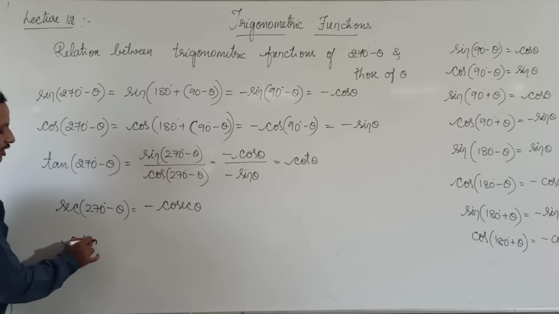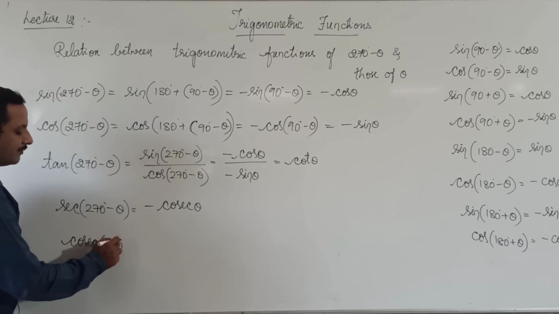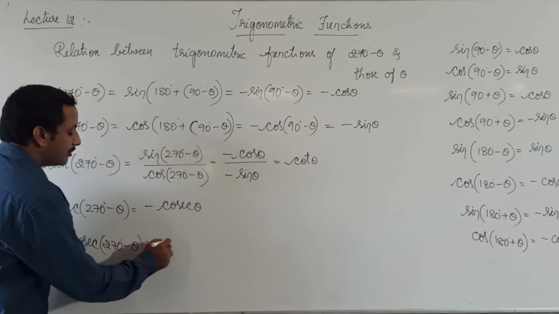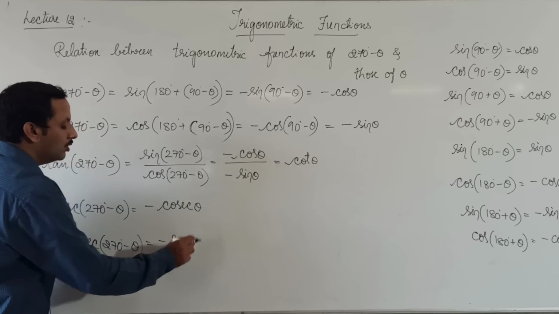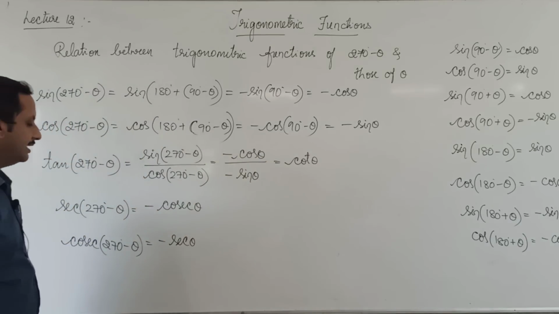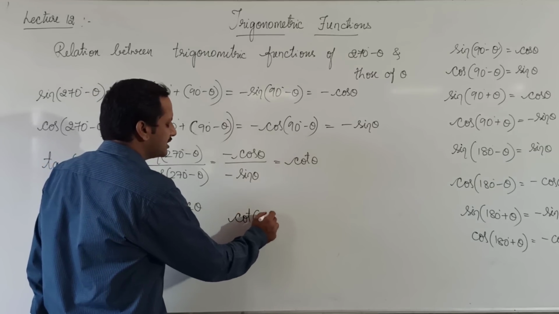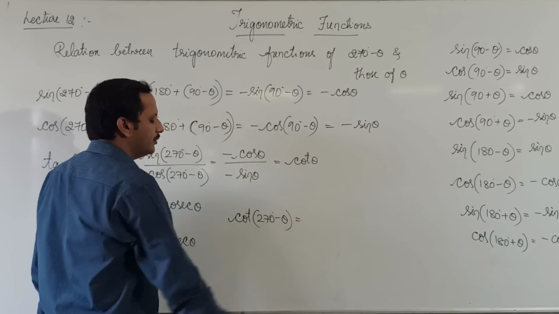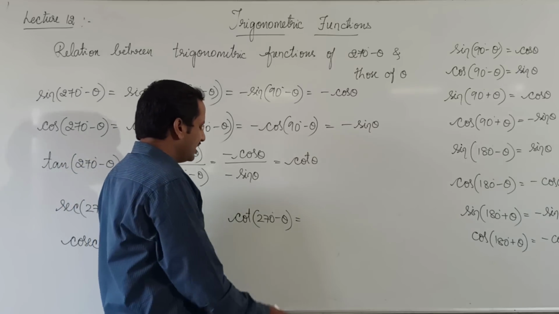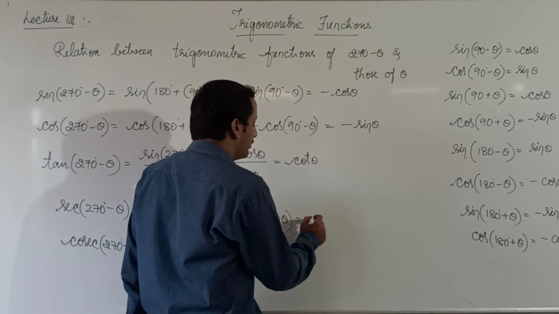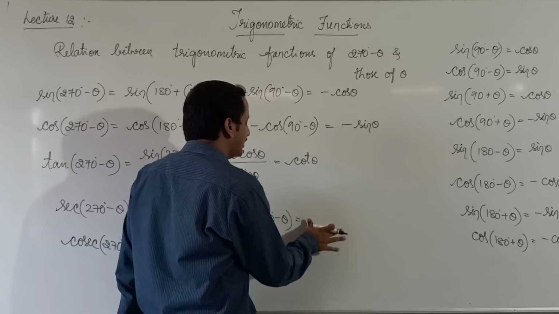Then cosecant 270 minus theta is equal to minus secant theta, and cot 270 minus theta is equal to plus tan theta.